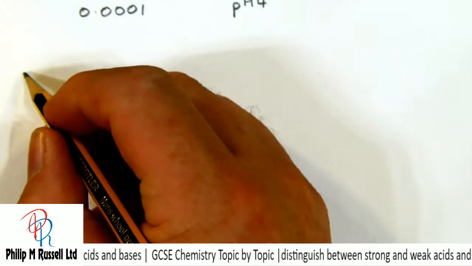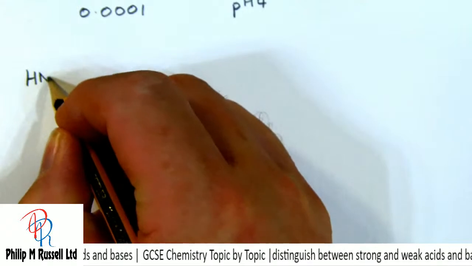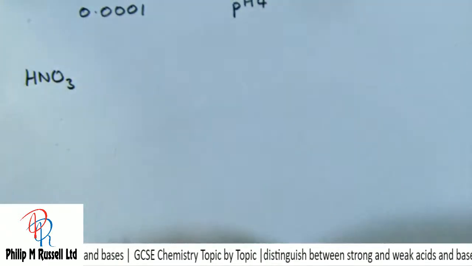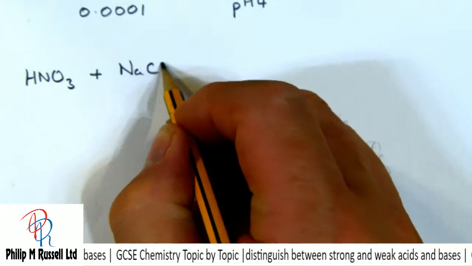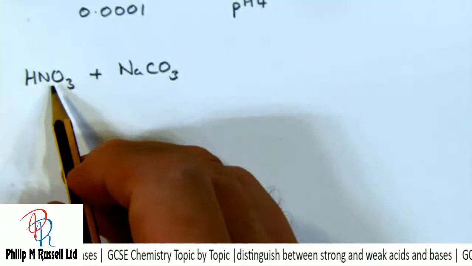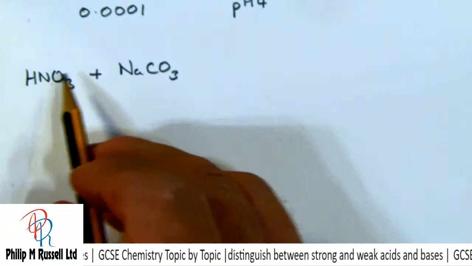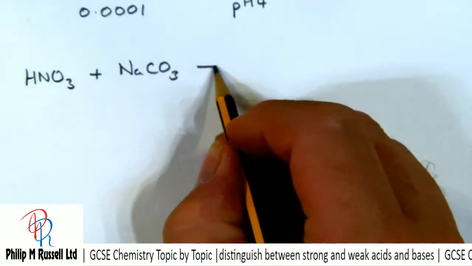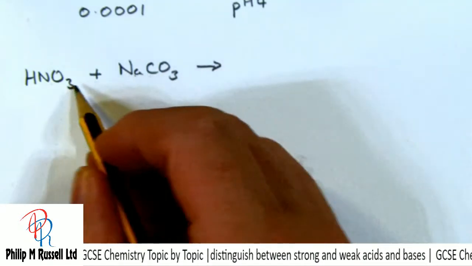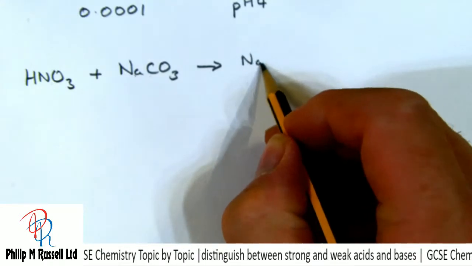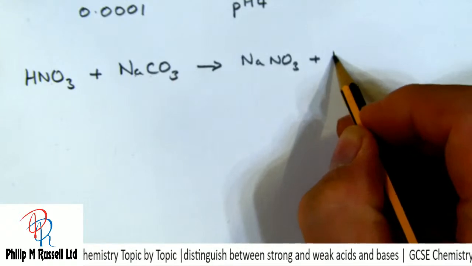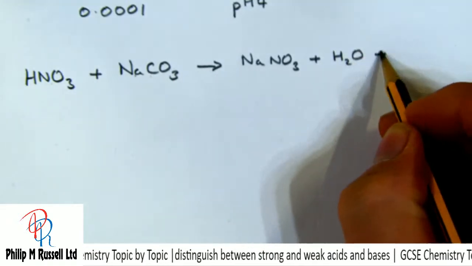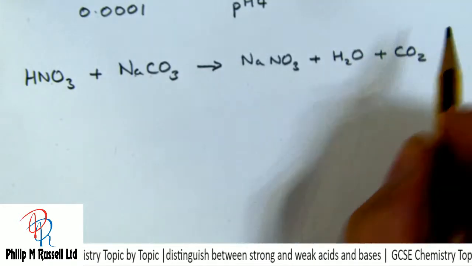So looking at here, we've got nitric acid, which is HNO3, plus sodium carbonate. So we have acid plus carbonate, and this is going to give me a salt, which is going to be sodium nitrate plus water plus carbon dioxide.